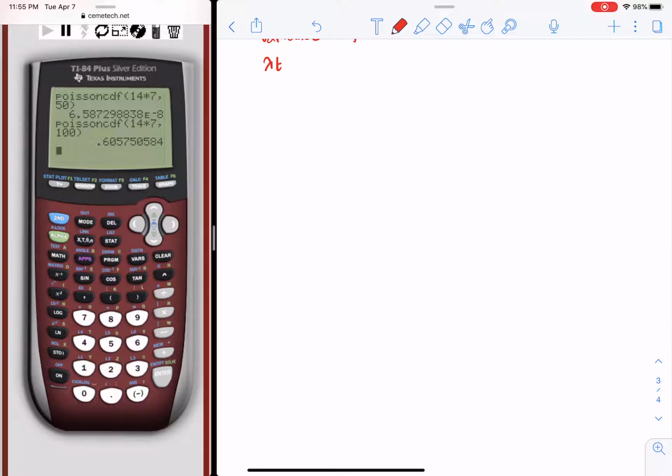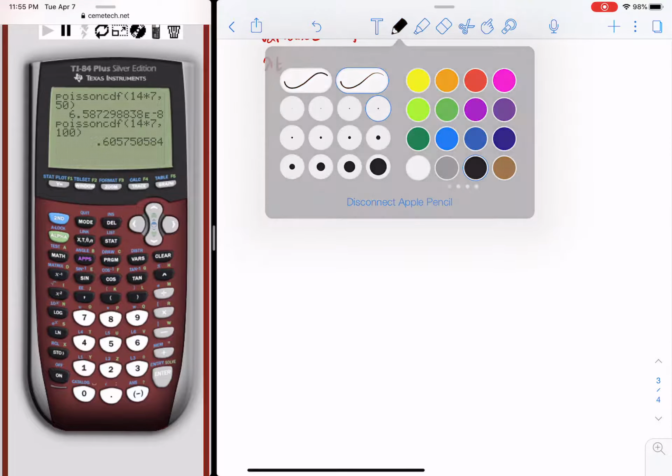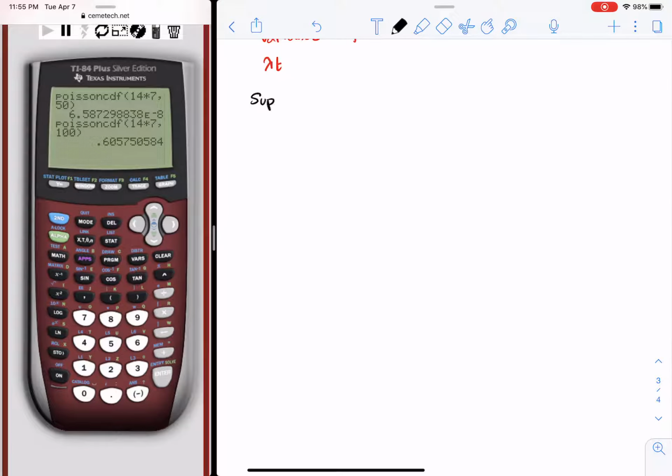So now suppose we collect observations from a Poisson random variable with rate lambda.